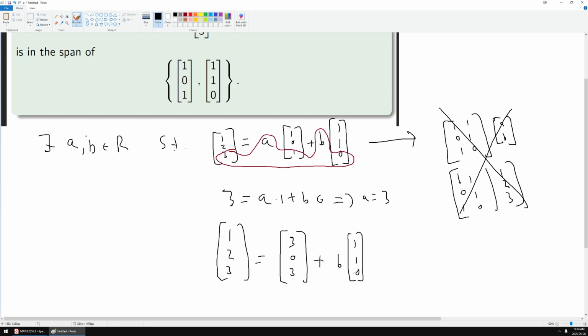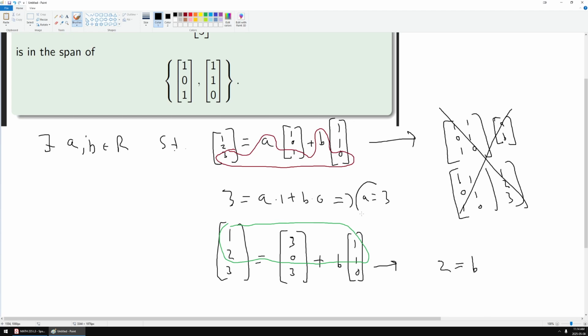Now, we know the last line will hold, so we just need to deal with these two components of the vector. If I read off the second equation, that lets me solve immediately for B. Sorry about that. So here, the second line tells me 2 is equal to B.